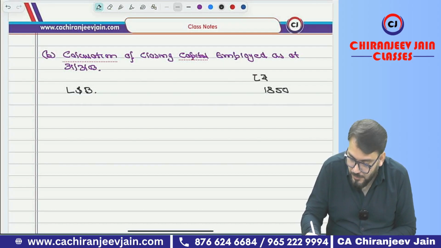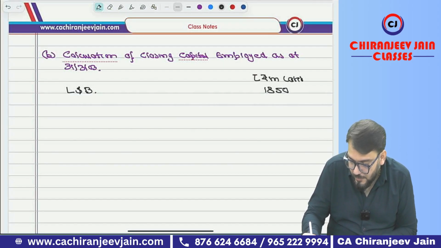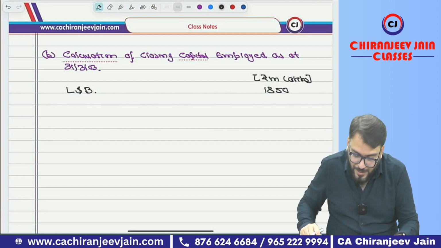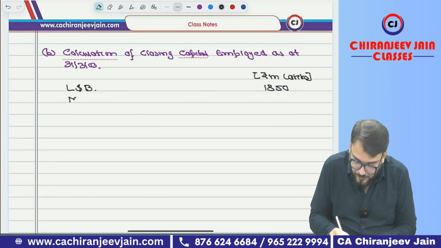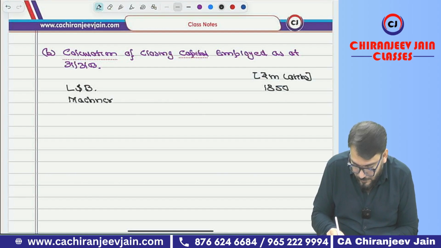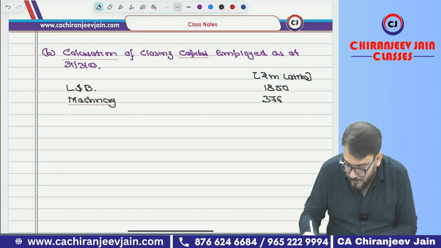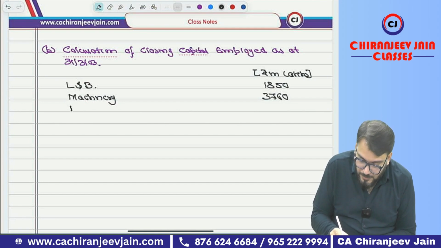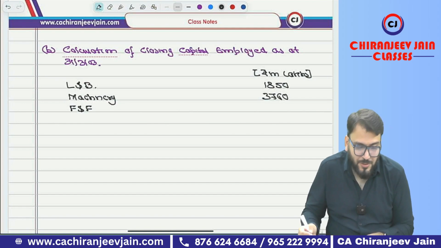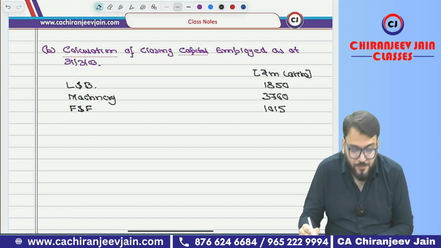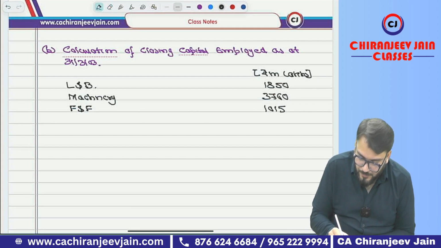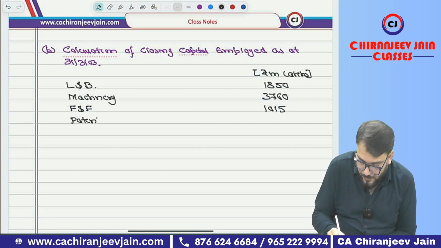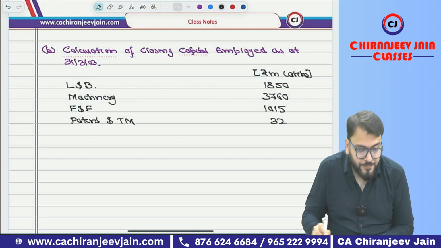1850 rupees in lakhs. Then we have machinery, 3760. Then we have furniture and fitting, 1015. Then we have patent and trademark, that is 32.